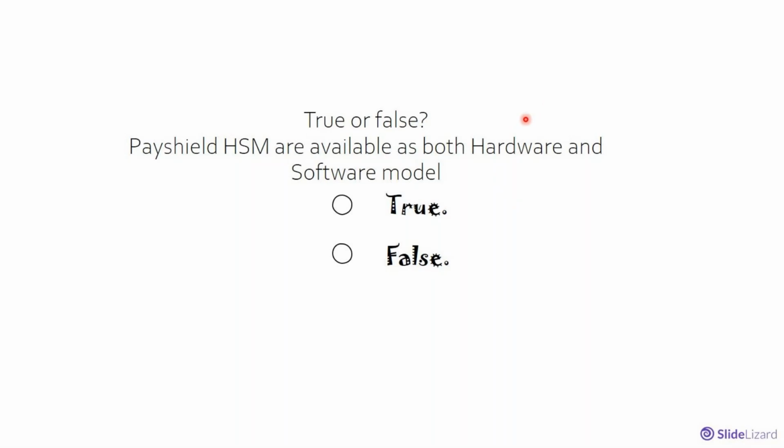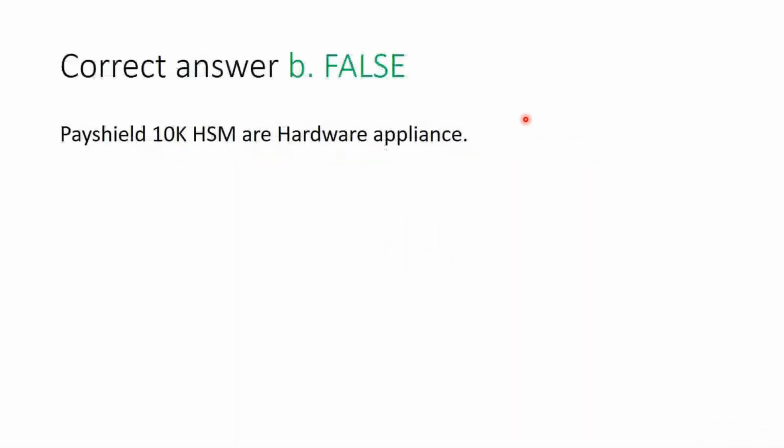One answer is received from Bruno Rodriguez, and he says this is false. Javier also thinks this is false. So the majority have selected false. That is absolutely right. Your payShield 10K HSMs are hardware appliances. They are not available in a software form.